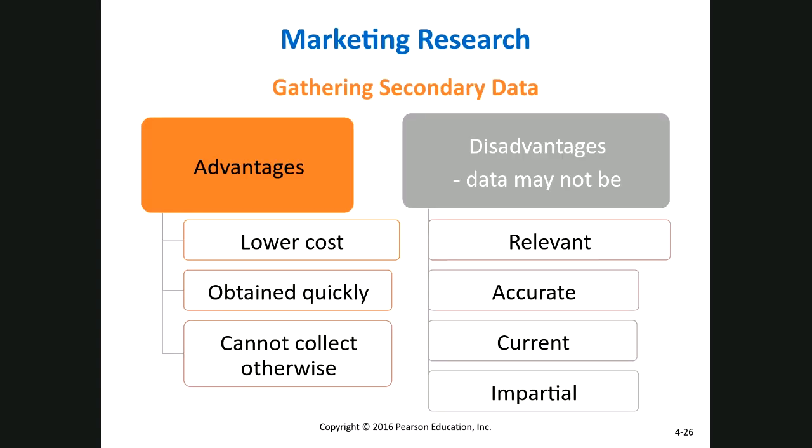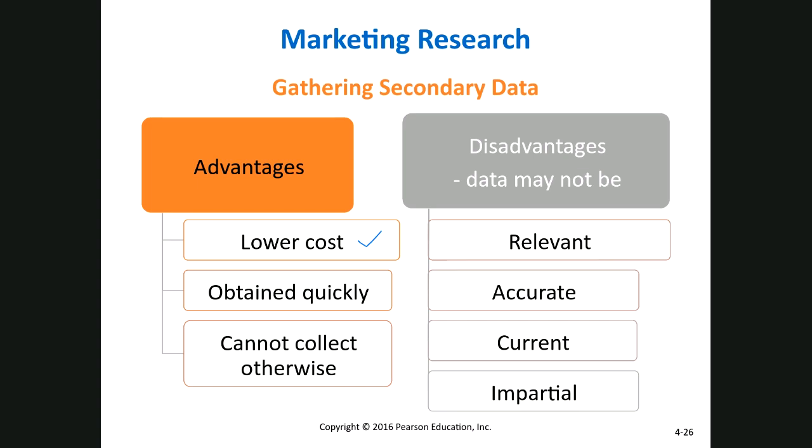Now, what are some advantages of secondary data? Well, obviously it's lower cost, because we can go to the U.S. Census and find out what the gender breakdown is for the state of Iowa. We don't have to go to Iowa and pull all the birth records and calculate that on our own, because that's expensive. It's out there.